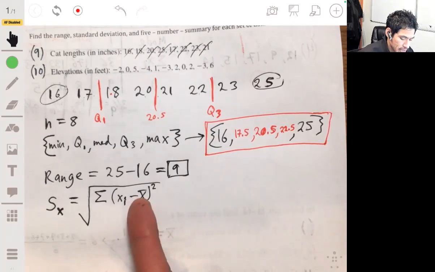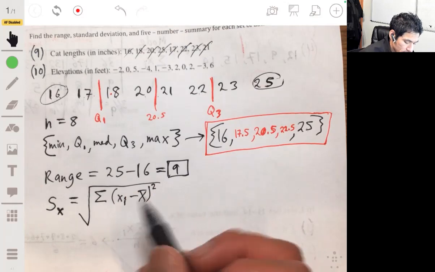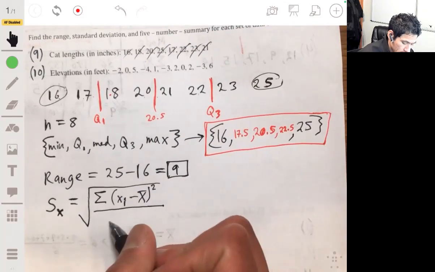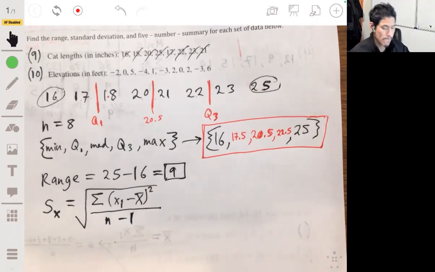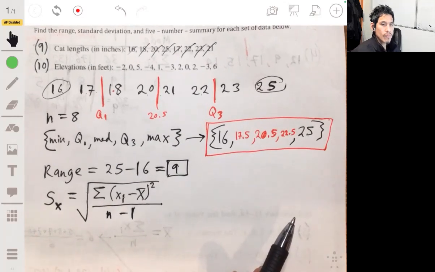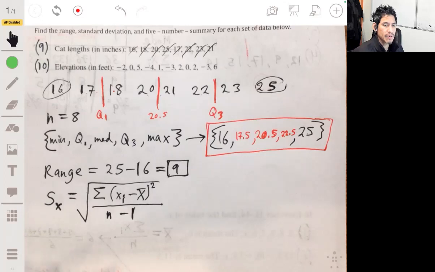So xi minus x bar, how far each value is from the mean. And since it's a sample, we divide by n minus 1. That's a correction for accuracy since it's a sample, but that's a more complicated topic and I'll talk about it in another video if you'd like.